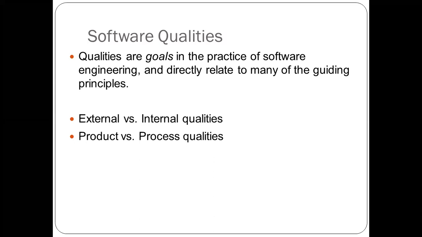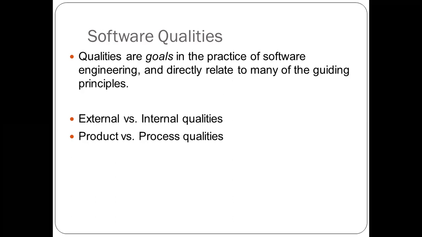Okay, so another thing here is that there are other qualities, and how will we maintain them? First is external versus internal qualities. Now first I am considering the qualities: first is called the external quality, and another is called the internal quality.